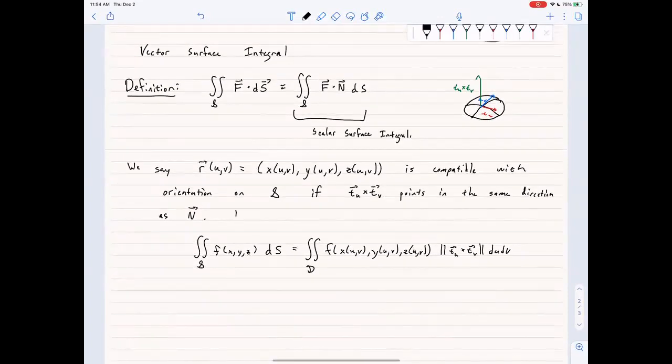So in this case, we know something. We actually know what n is. n is just this vector, but now normalized. Right? We can just divide by its length.